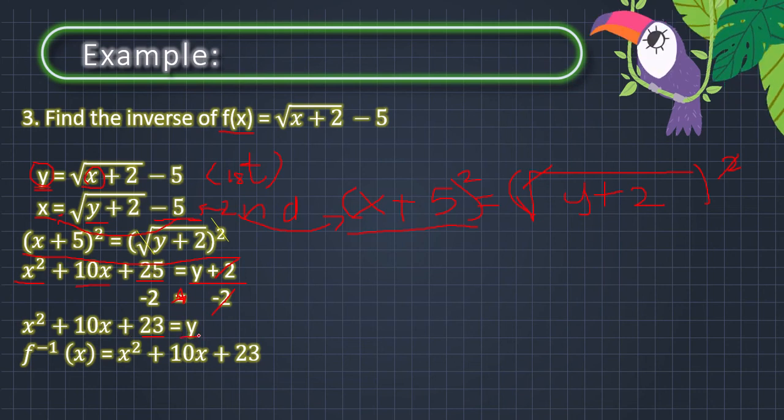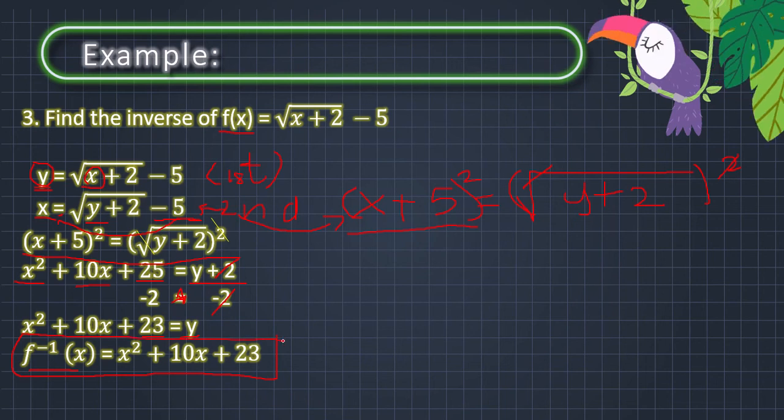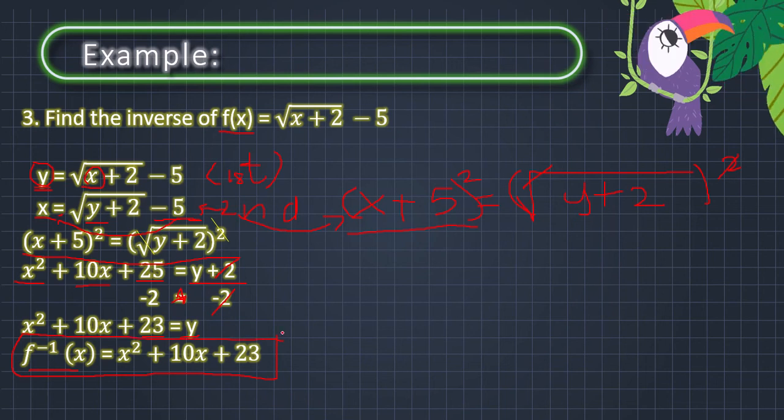After that, we rewrite y into f inverse of x, and we already have our final answer as I rearrange it again. f inverse of x is equal to x squared plus 10x plus 23. And that is our final answer.